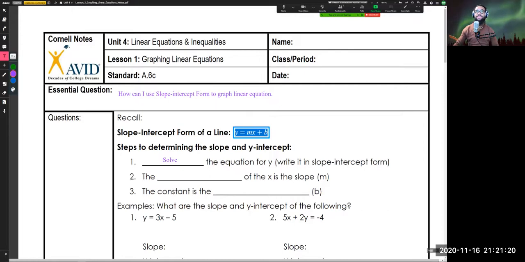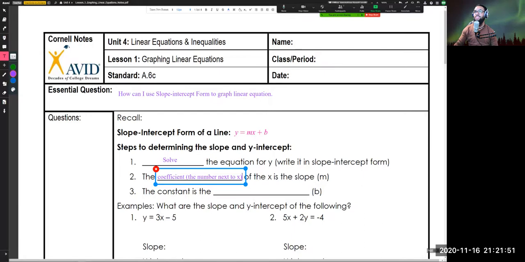Once you've done that, the coefficient of x is our slope. And if you don't remember, our coefficient is the number next to x. The coefficient of x is our slope.